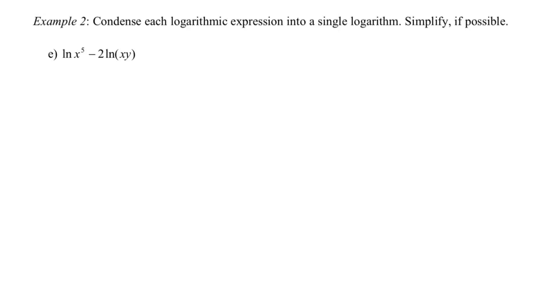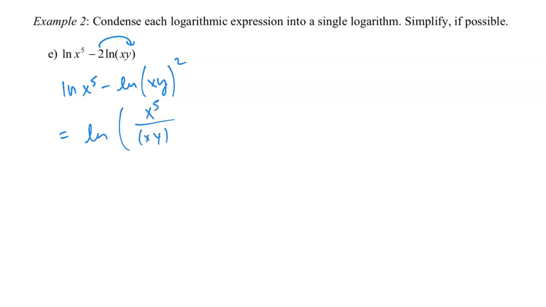Notice here that I've got a 2 that can go on this argument right here as the exponent, and so this will be the natural log of x to the 5th minus the natural log of x y squared. And now I'm going to use the quotient rule because of the minus sign that's in between those two logarithms. So I'm going to have x to the 5th over xy squared.